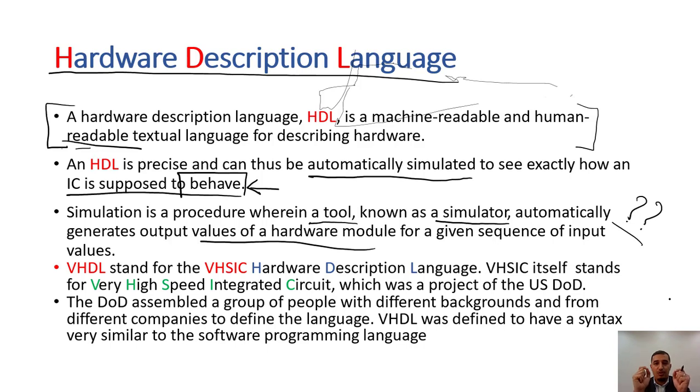When we simulate your hardware, it means that you are not producing the actual hardware. Producing the actual hardware is very expensive. So before going to that expensive part, we do simulation, make sure that our system works fine, then we go for hardware.